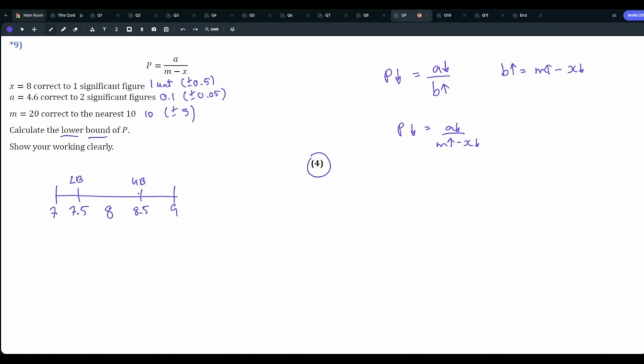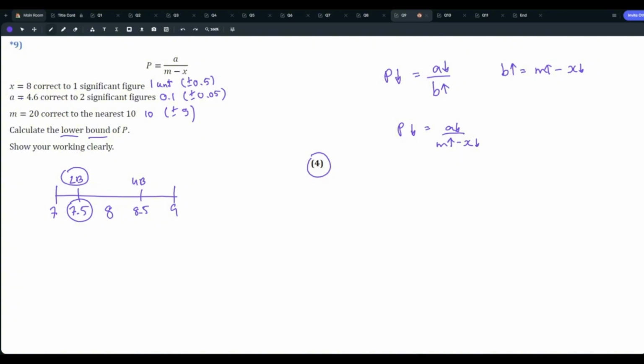Okay, these will be our bounds, 7.5 and 8.5. Okay, but what do I actually want here? I want the lower bound. Okay, for the x lower bound, I definitely want the 7.5. Okay, now just do x quickly, so that's done.